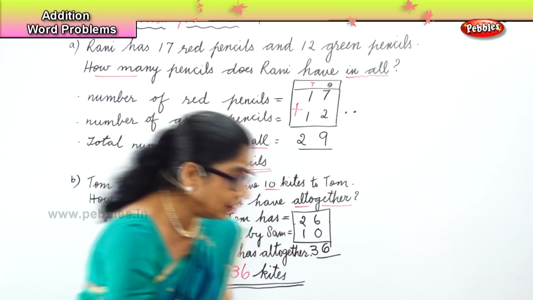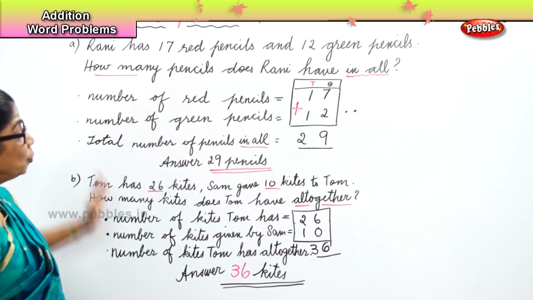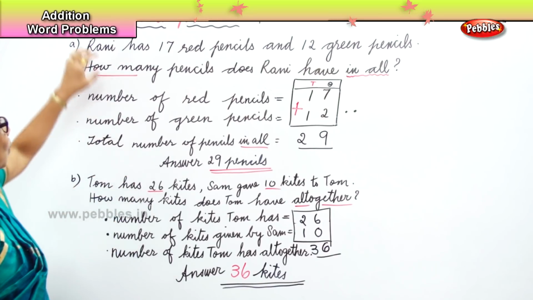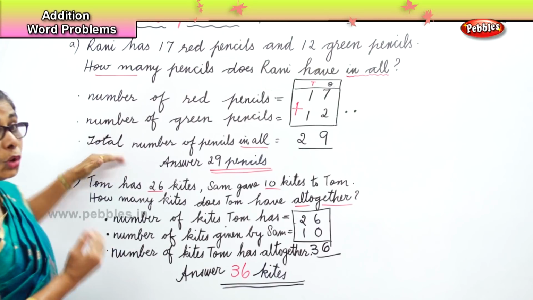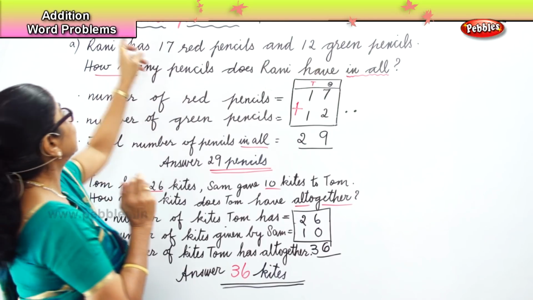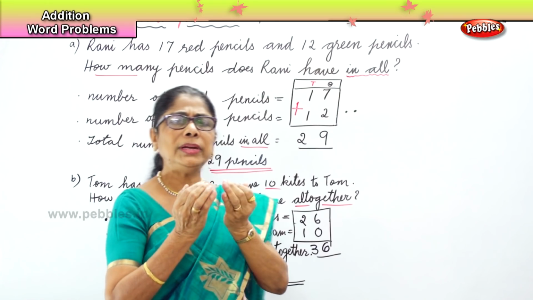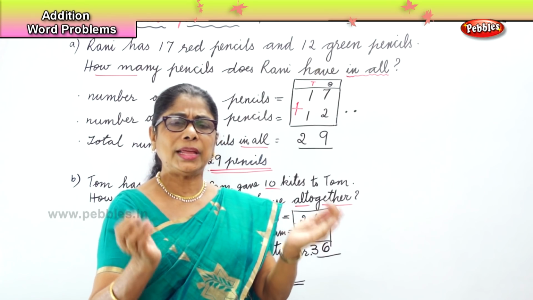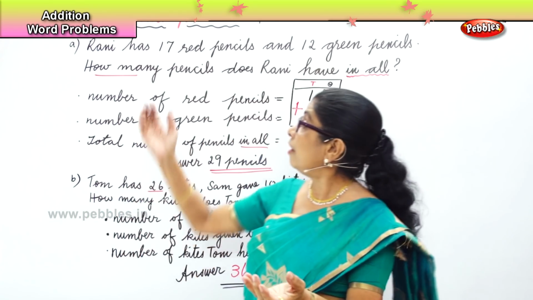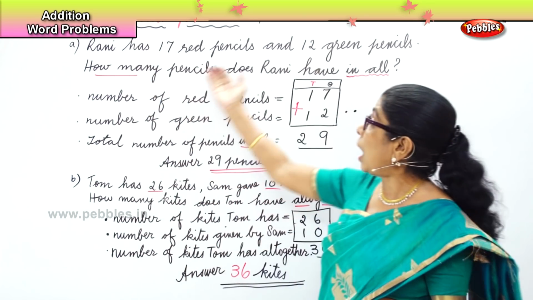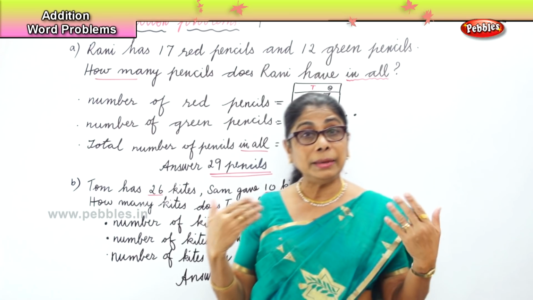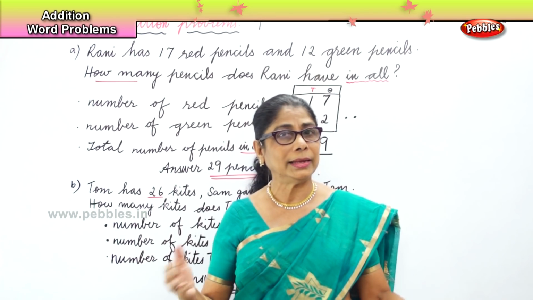Now let's look at the problems. We have two problems here. One we have done here and two here. An addition problem always comes like a tiny story. The first story says, Rani has 17 red pencils and 12 green pencils. It's the story of Rani.